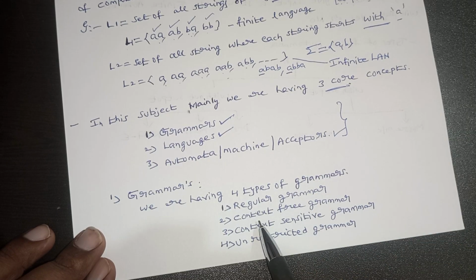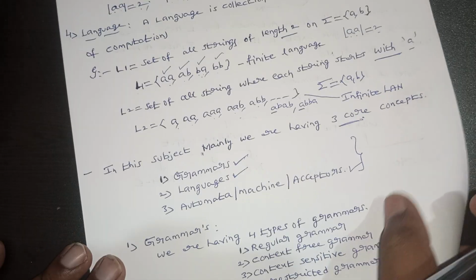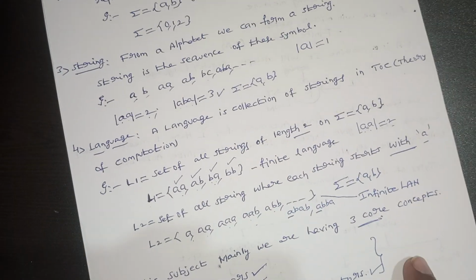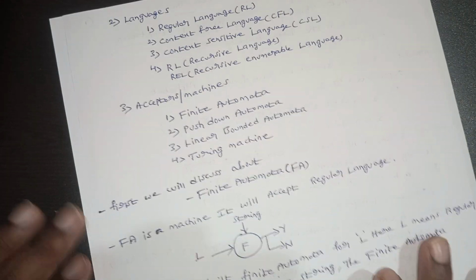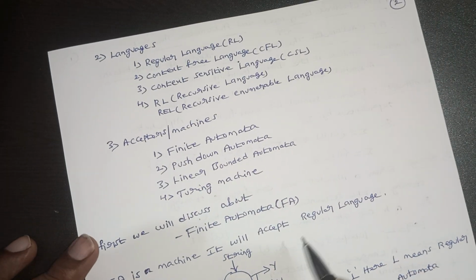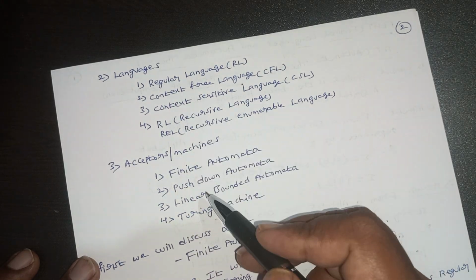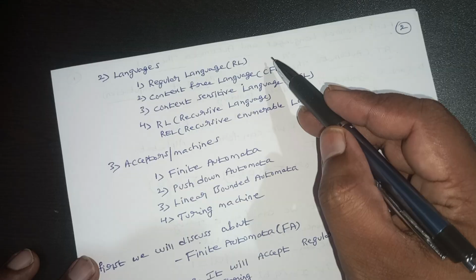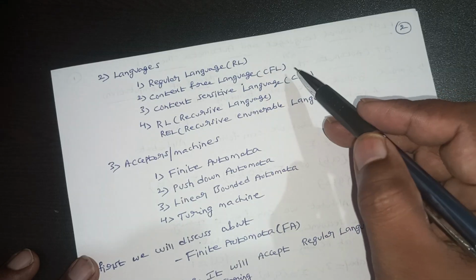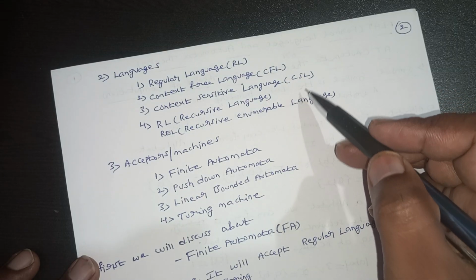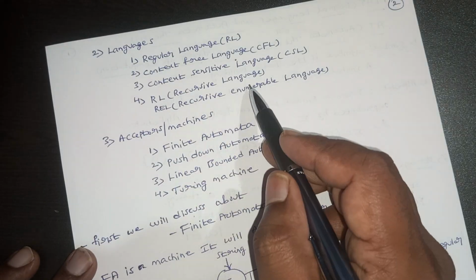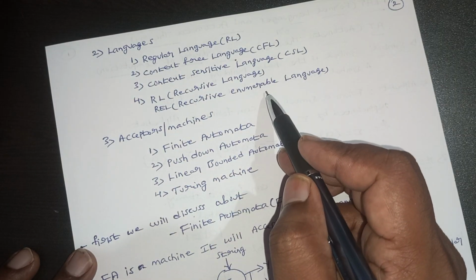Next, coming to the types of languages, we are having four types of languages: regular language, context-free language, context-sensitive language, and then recursive and recursively enumerable language.